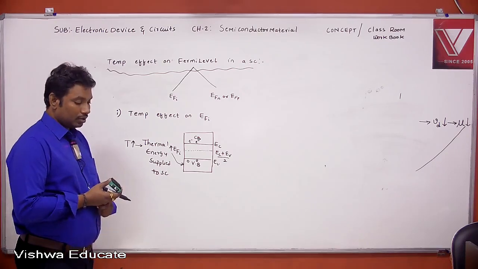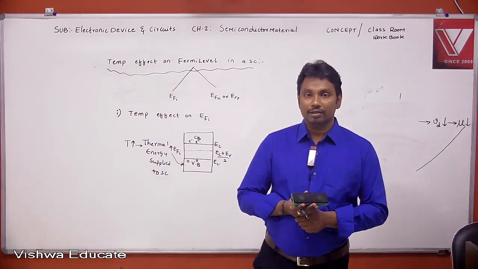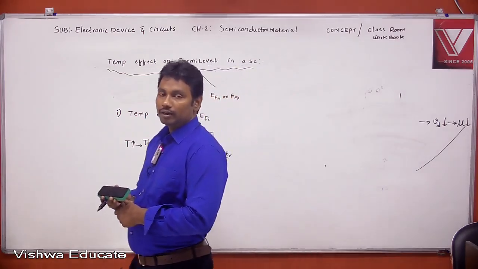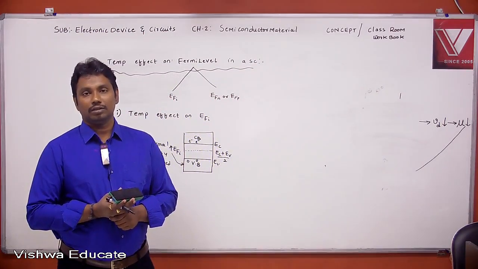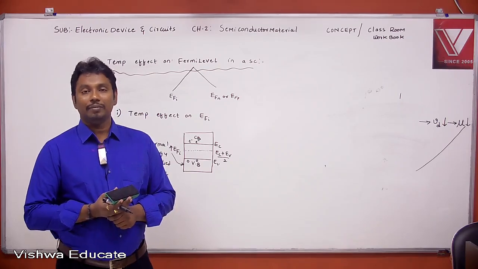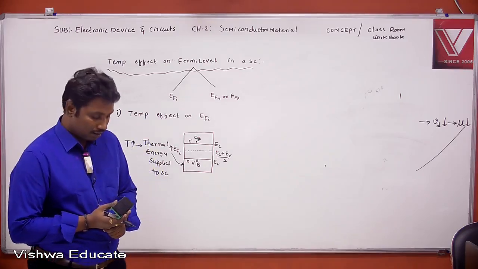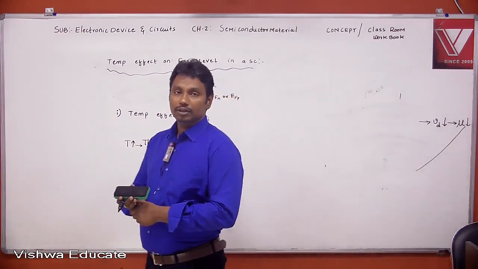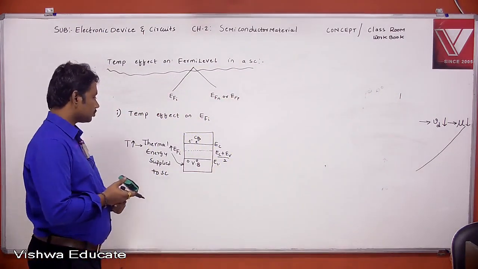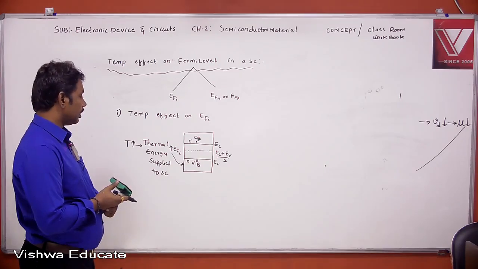As temperature is increased, then the intrinsic Fermi level remains constant or independent of the temperature. That is, it lies in the middle of the Fermi band. Right. Copy this one.